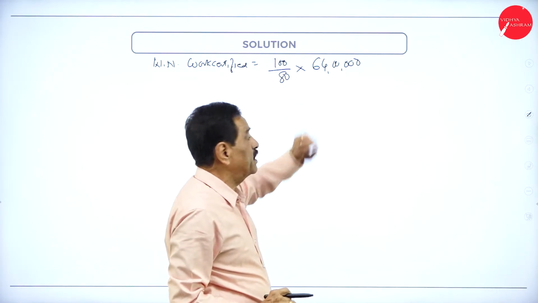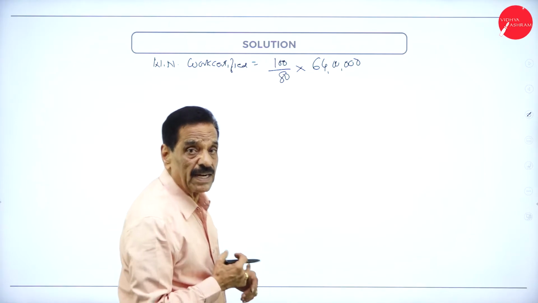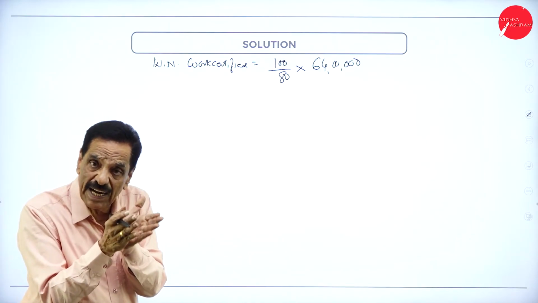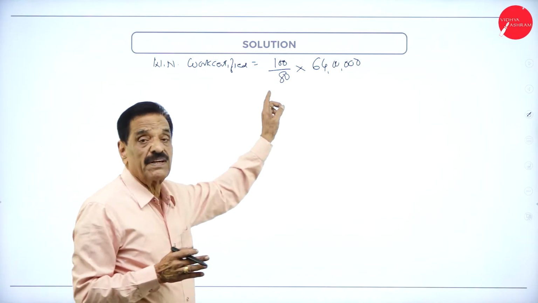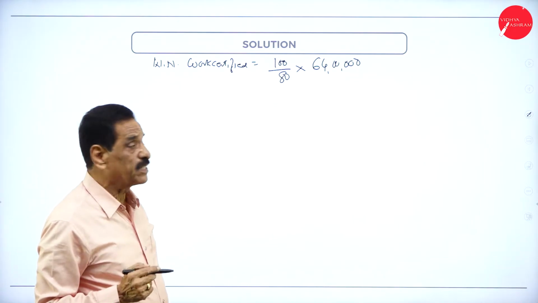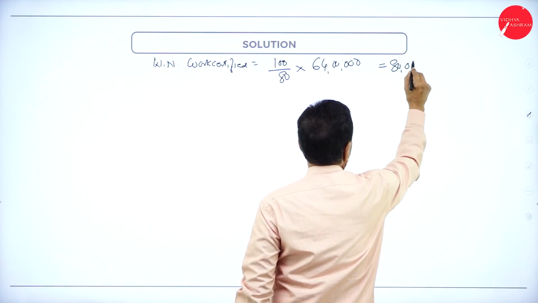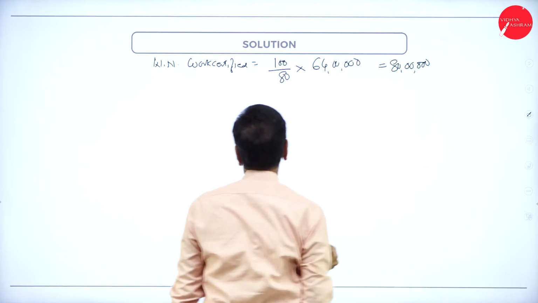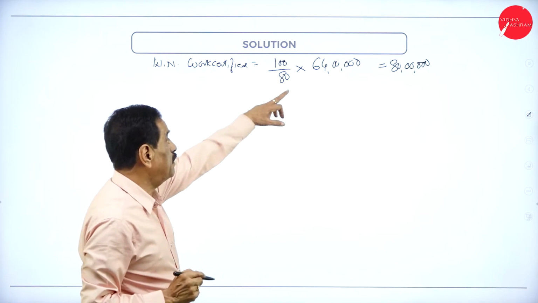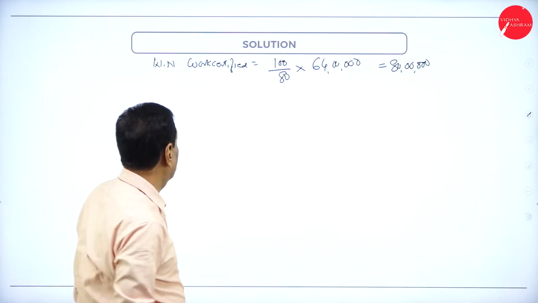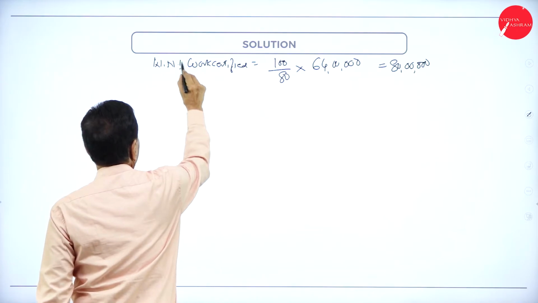If we receive cash of 64 lakh, the work certified is 80 lakh. On this work certified, 80% is 64 lakh. That is working note number 1.